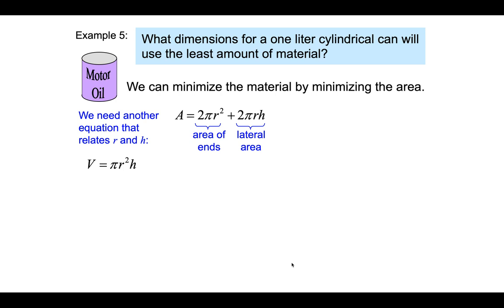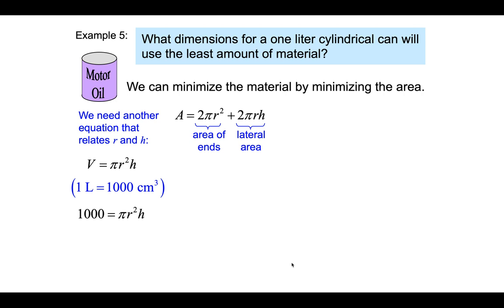So we know that the volume is equal to pi r squared h. And we know that 1 liter is equal to 1,000 cubic centimeters. All right, so for our can of motor oil, the volume is going to be 1,000.